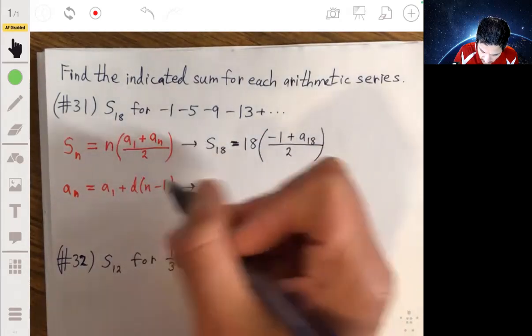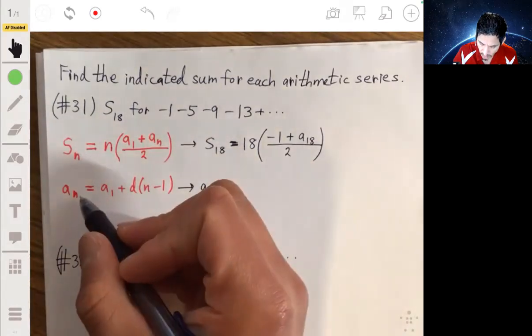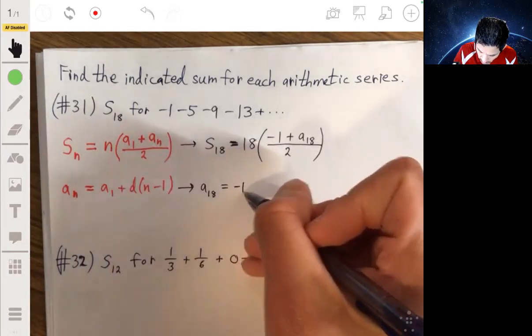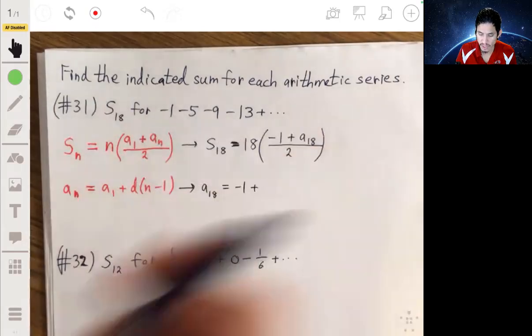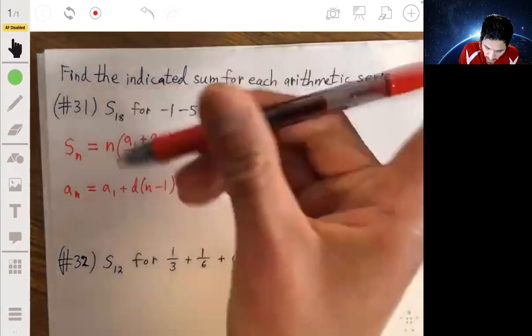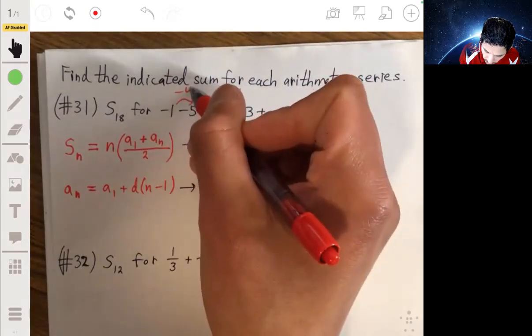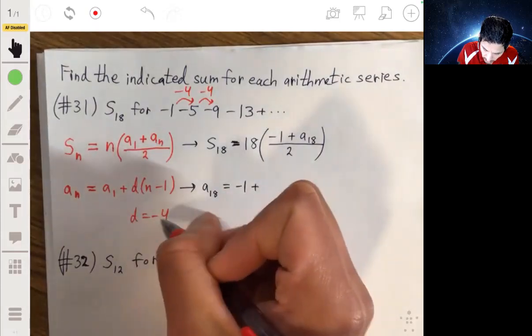So for that, let's use this formula, where A18 would be A1, which is -1, plus D, the common difference, times 18 minus 1. Here, the terms are going down by 4. You're decreasing by 4 each time. So D is -4.